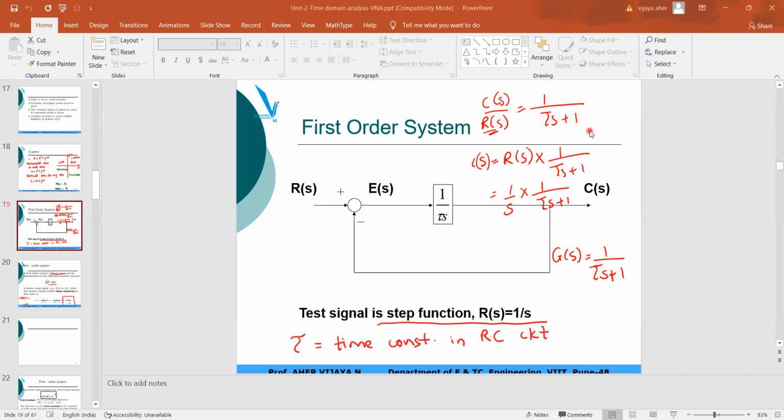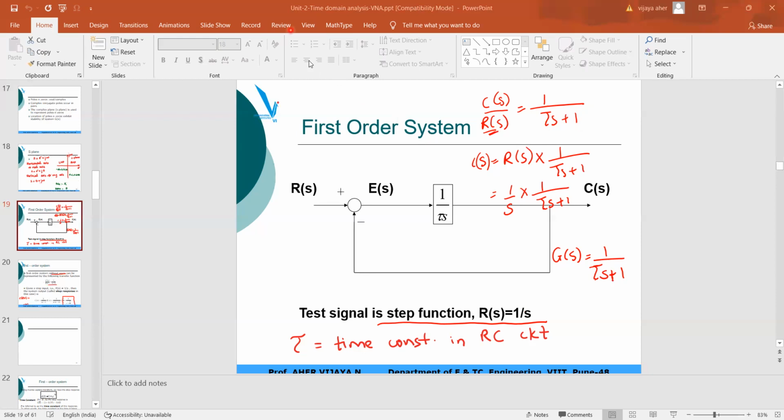So put G of S equal to 1 divided by tau into S, divided by 1 plus 1 divided by tau S into 1. Simplify, and you'll get this equation. 1 divided by tau S, the tau S gets cancelled. 1 divided by tau S plus 1.